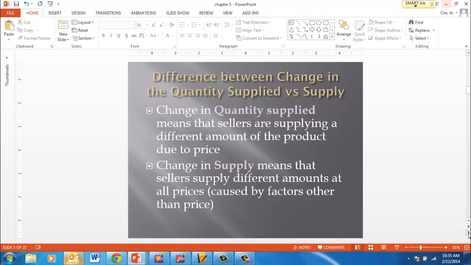So a change in quantity supplied means that sellers are supplying a different amount of the product due to price. So just like demand, when the price goes up, suppliers want to supply more. When it's based only on price, it is quantity supplied. A change in supply means there is some other factor, some underlying condition other than price, that would cause a supplier to supply less or more of a product.